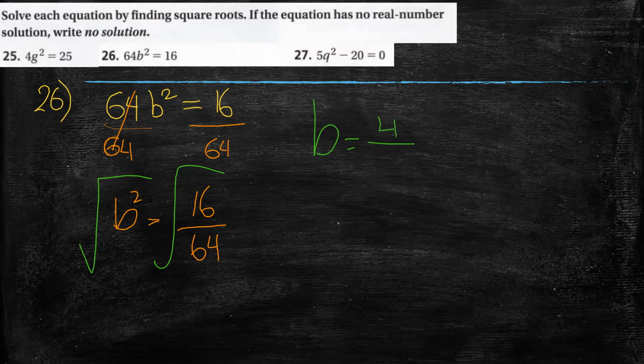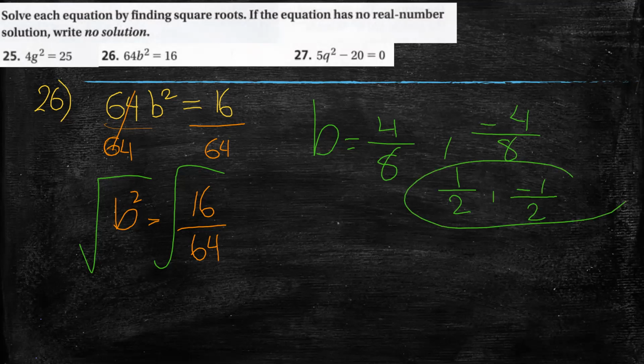And of 64? 8. So 4 over 8. Is it only 4 over 8 or plus and minus 4 over 8? Plus and minus 4 over 8. So these are now the solutions of number 26, which are one half and negative one half.